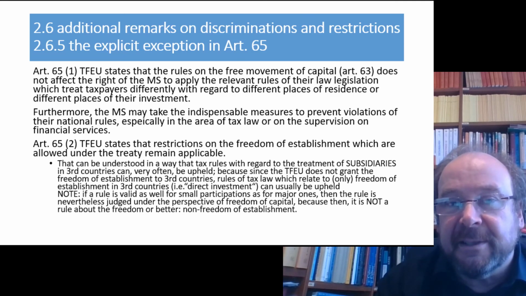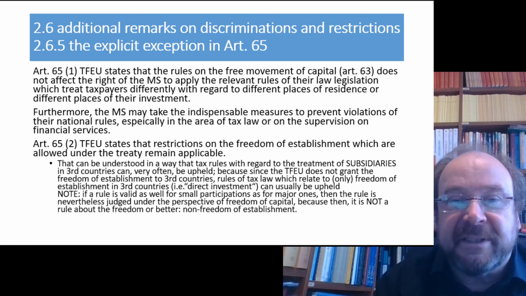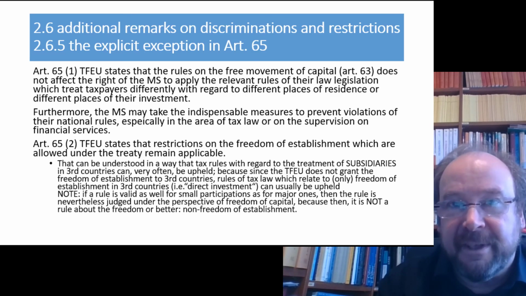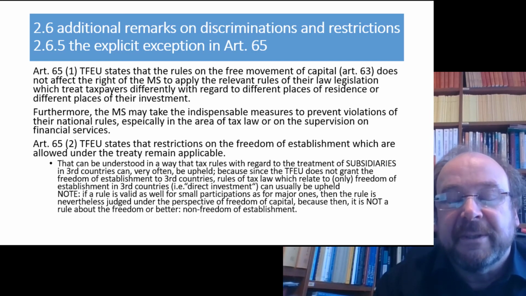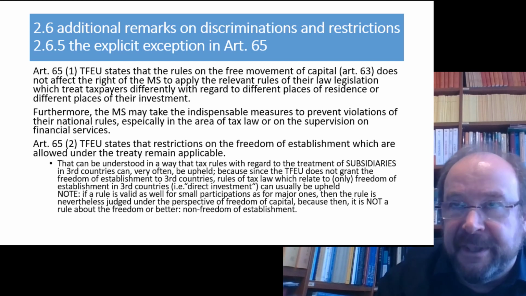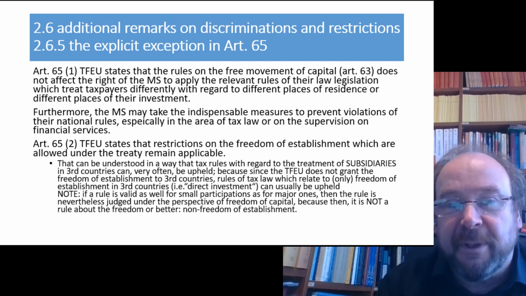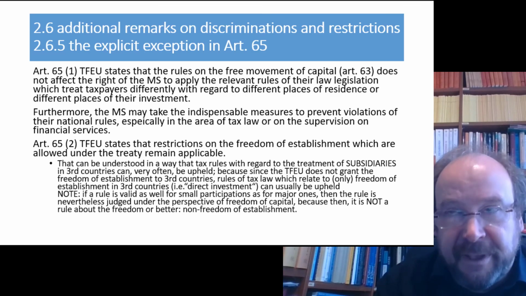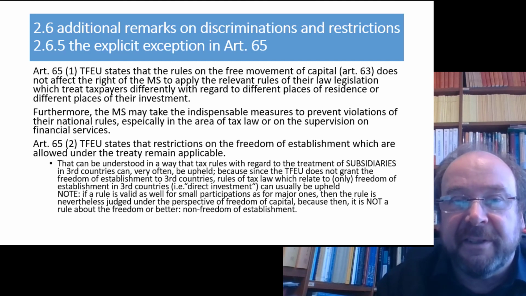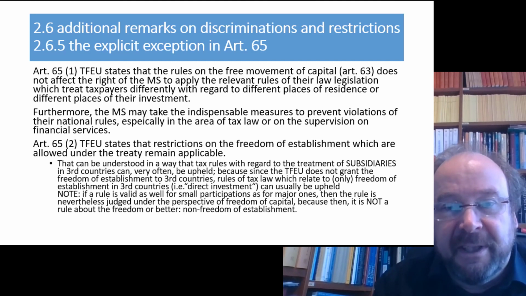That makes a huge impact because the treaty doesn't grant the freedom of establishment to third countries, at least not to most of them. So if specific tax rules relate to subsidiaries, major participations in foreign countries, so things which would qualify as freedom of establishment cases if they were happening within the EU, then one can argue, well, this is a freedom of establishment case.